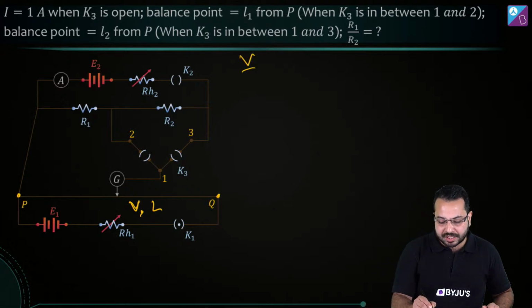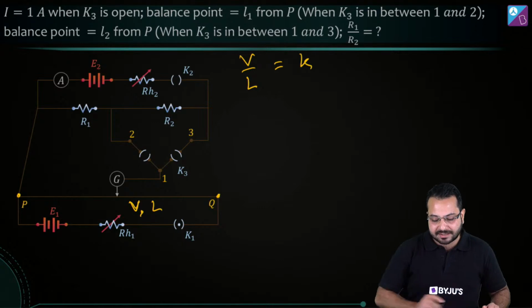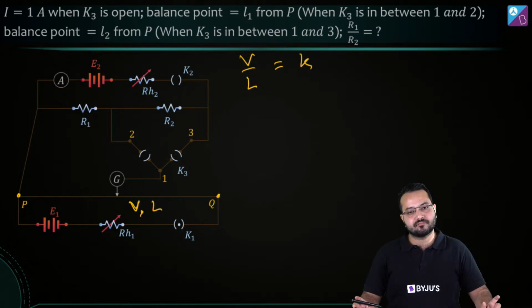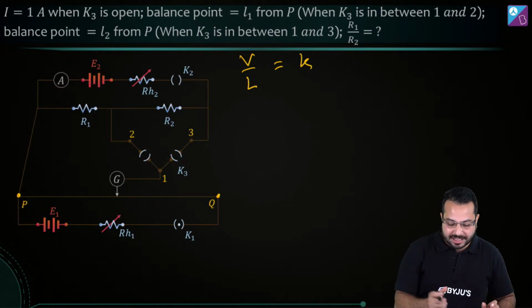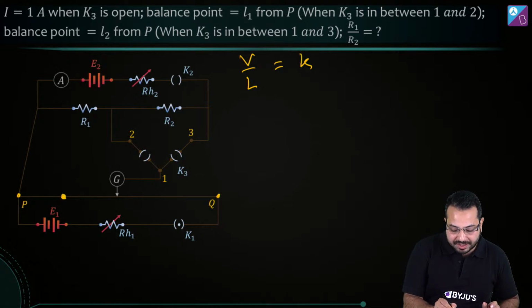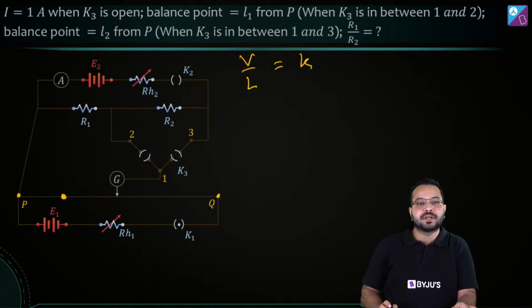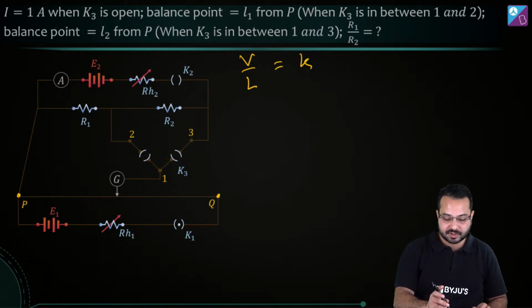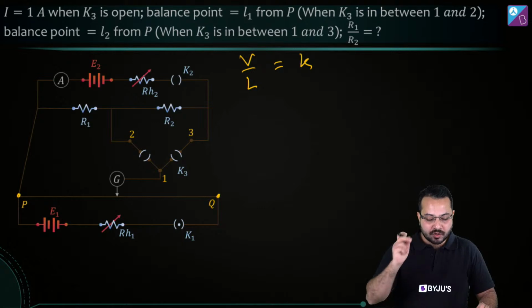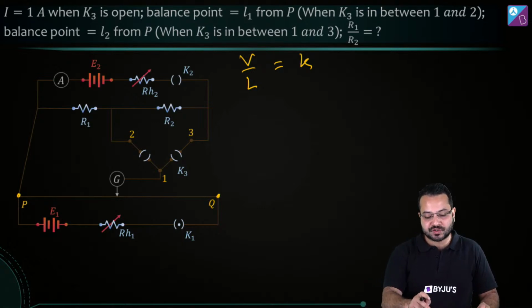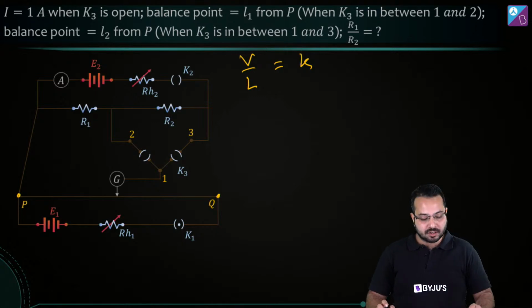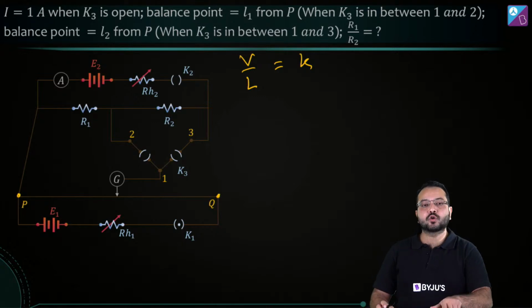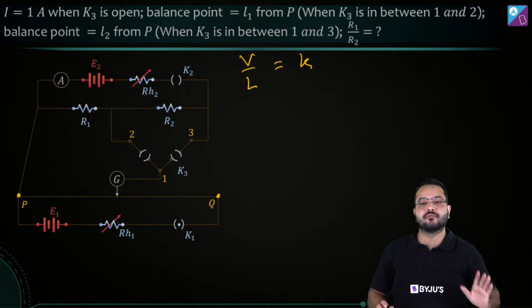So the potential gradient is going to be V by L, and I am calling it K. Which means that per unit length of the wire, what will be the potential drop? V is the total potential drop across PQ, and L is the total length of the potentiometer wire.